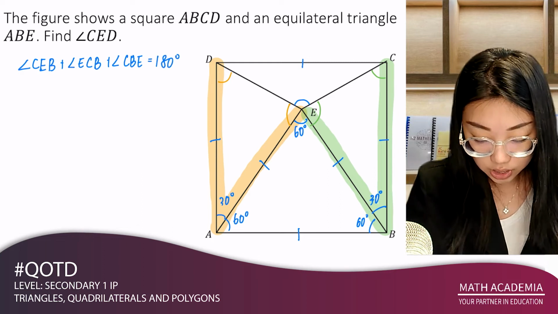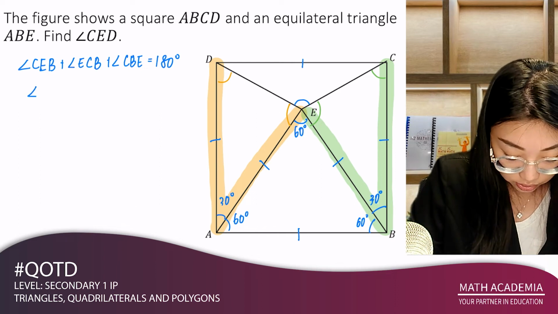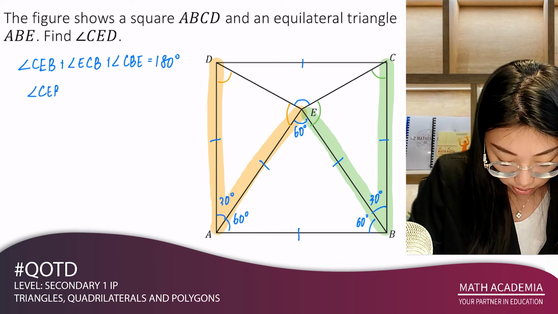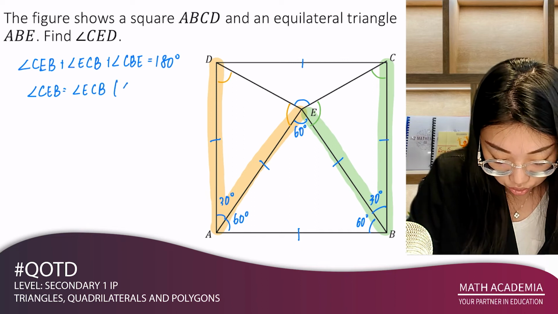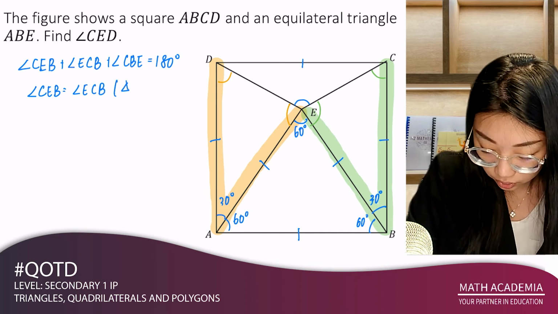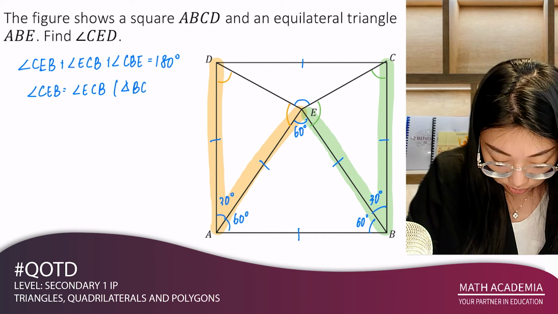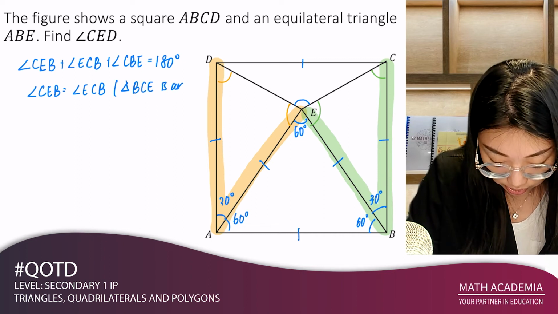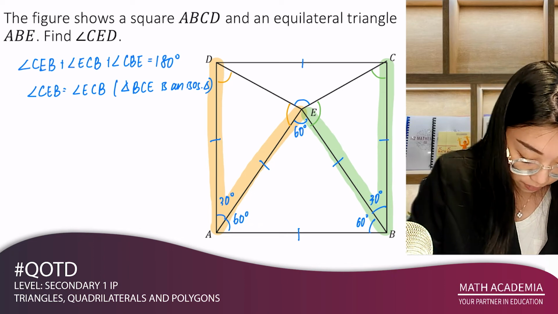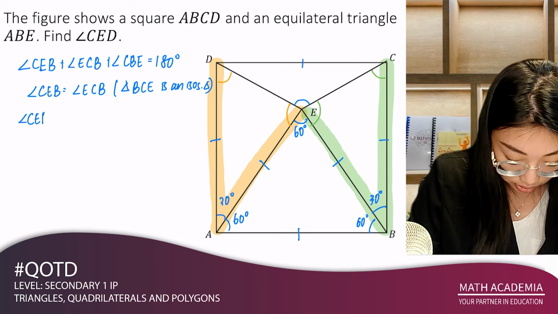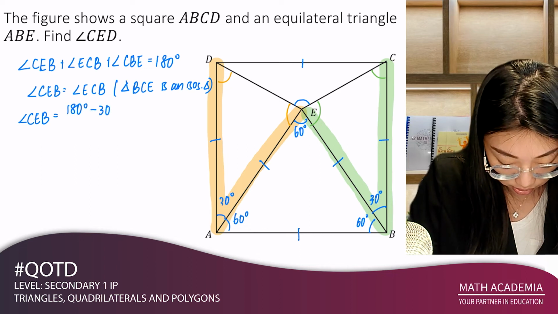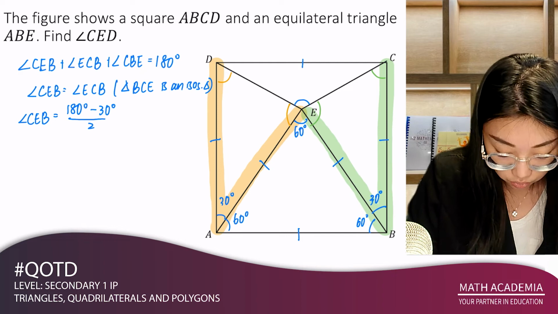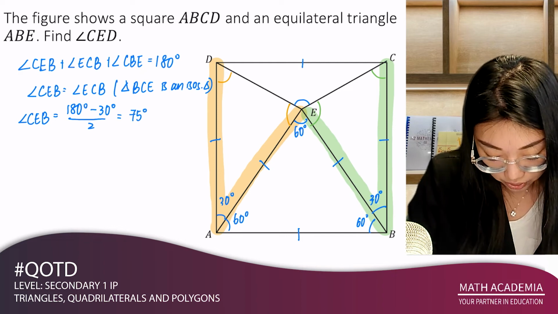Okay, and since we know that angle CEB equals angle ECB, because triangle BCE is an isosceles triangle, therefore angle CEB equals 180 degrees minus 30 degrees, divided by 2, which gives me 75 degrees.